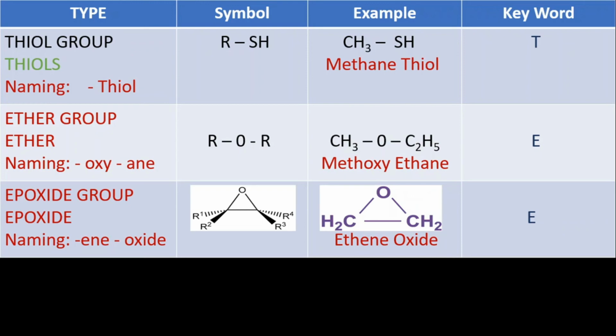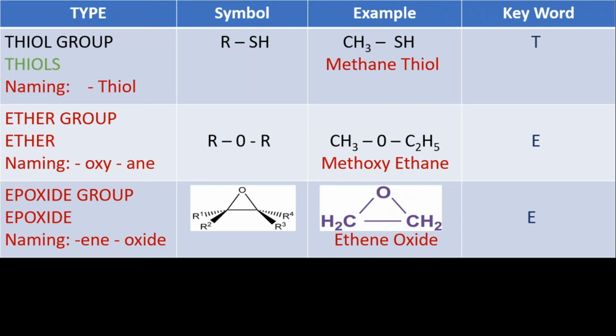An example is CH3OC2H5. The naming contains oxy and ane. The word oxy is used to indicate the presence of an oxygen atom, while the word ane represents an alkane. For example, in CH3OC2H5, we have 2 alkyl groups, methyl and ethyl, and oxygen in the center.